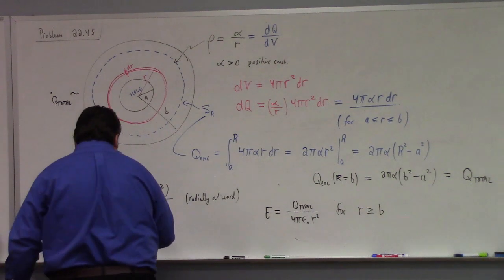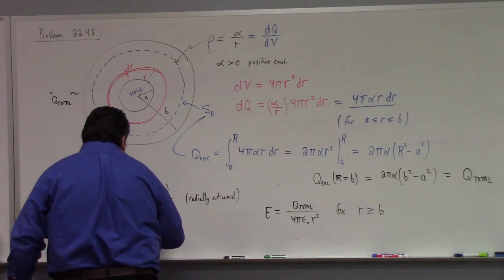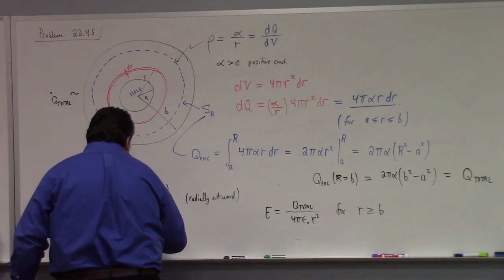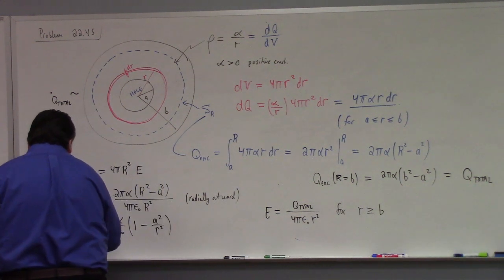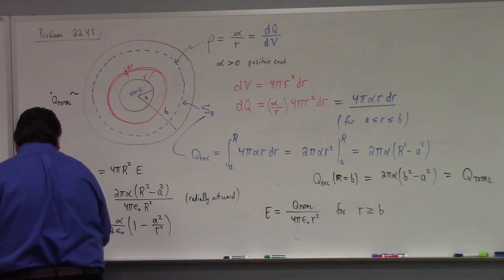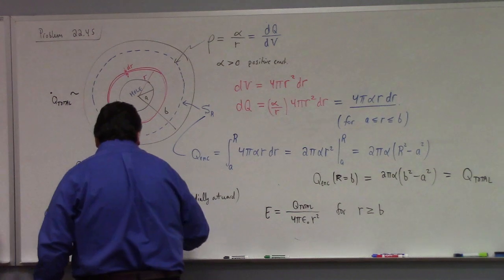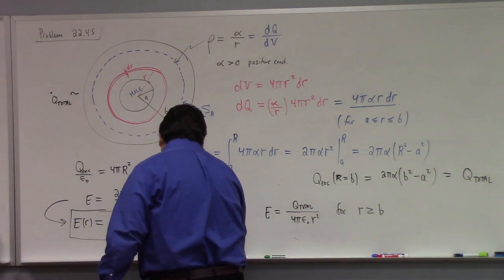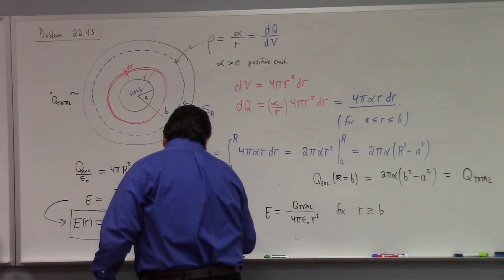If I do that, then I've got r squared over r squared, which is 1, minus a squared over... well, I'm going to put a little r squared down there. So this would be the electric field at r for a less than r less than b.